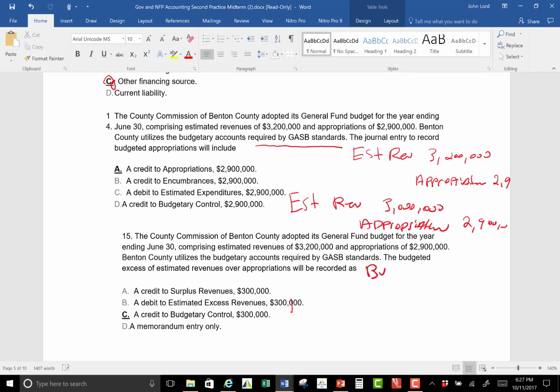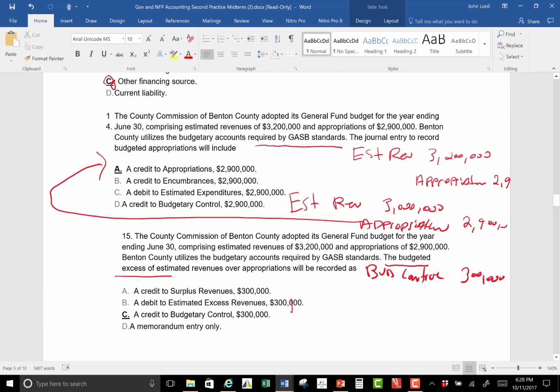Bud control for what? 300,000, okay, right? So is it true that we credit appropriation for 2.9? Okay, good. Same facts, and they say that the budgeted excess of estimated revenue over expenditures is a credit to budgetary control for 300,000.